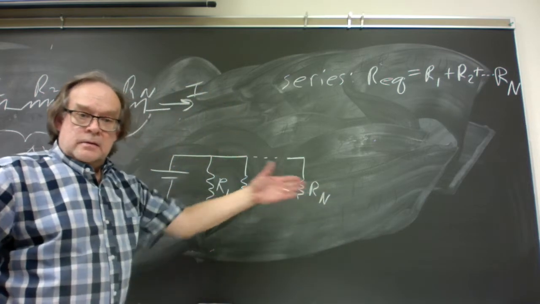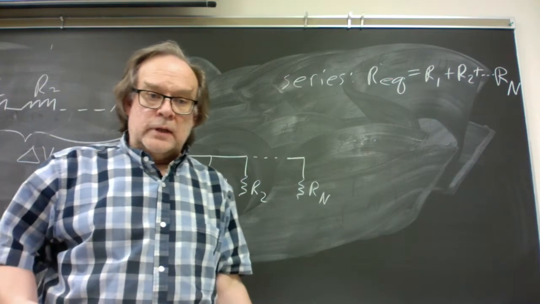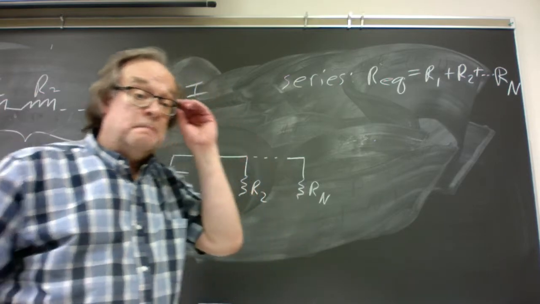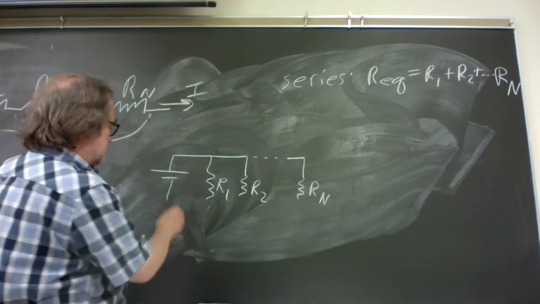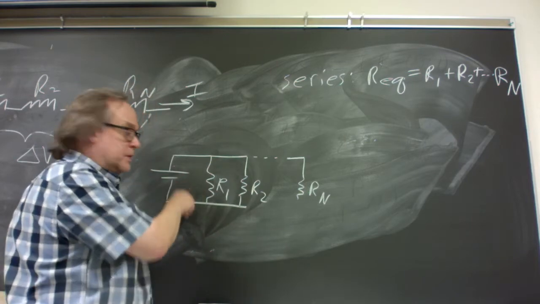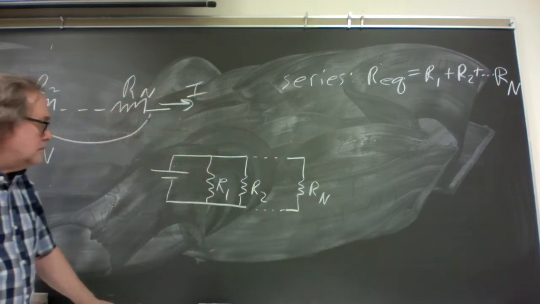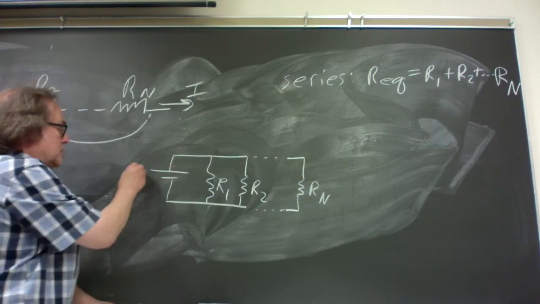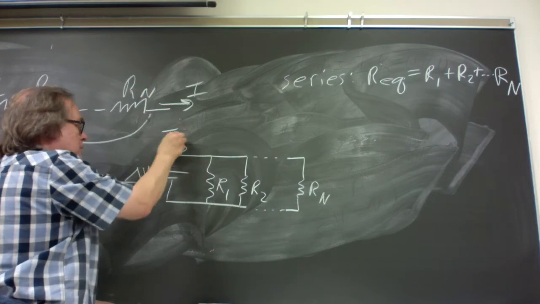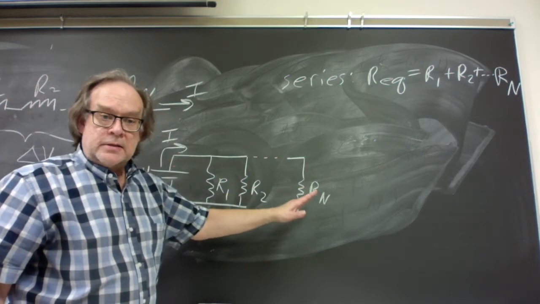N things, lamps, TVs, toasters, refrigerators, whatever, all plugged into the same source of potential difference. And as a result, you've got that potential difference pushing a certain amount of current through all n of these things.